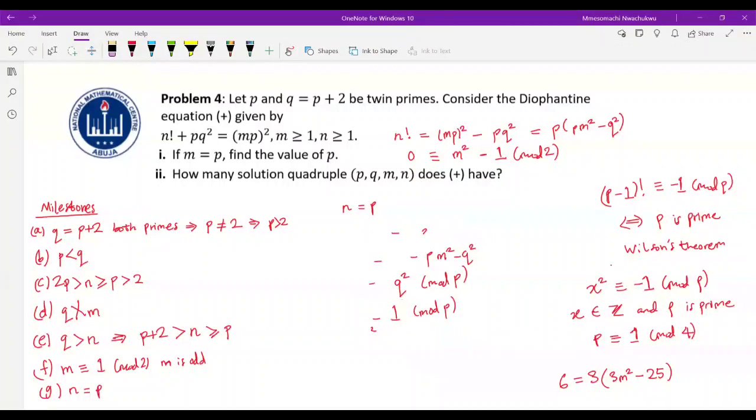So now we just have a simple equation to solve. So I have 6 is equal to 9m squared minus 75.